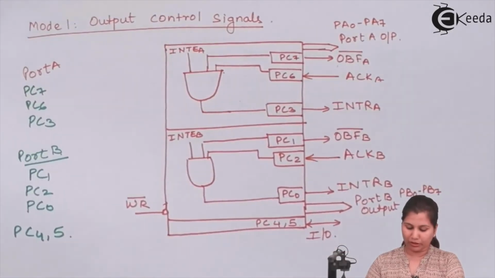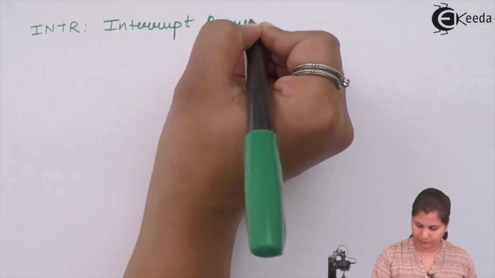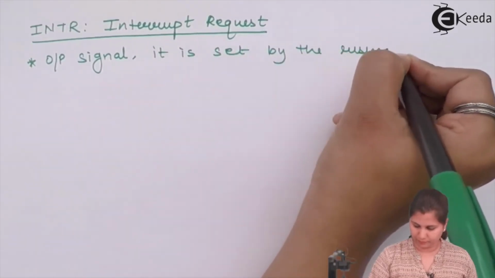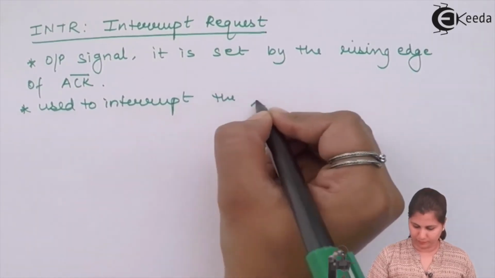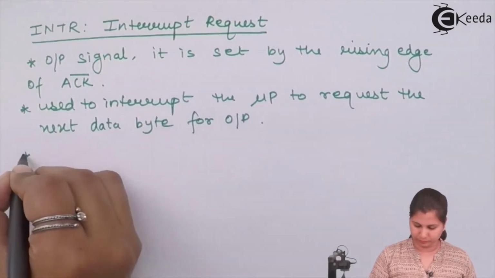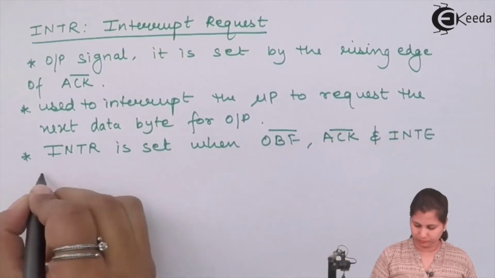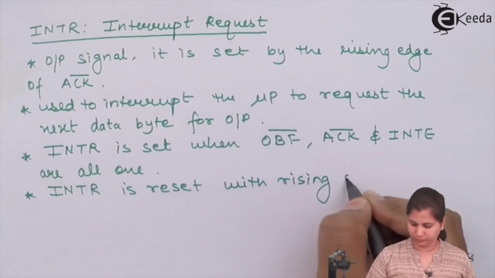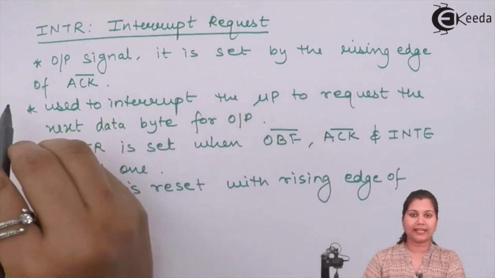So now come to the interrupt request signal. This interrupt request signal is an output signal, and this signal is set by the rising edge of the acknowledgement signal.